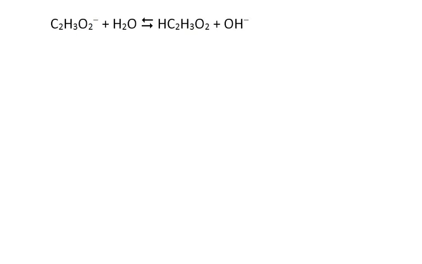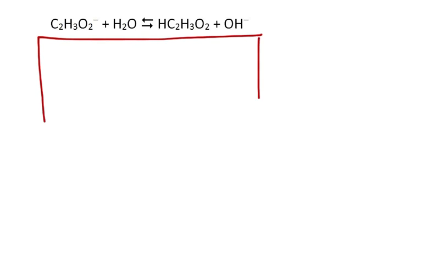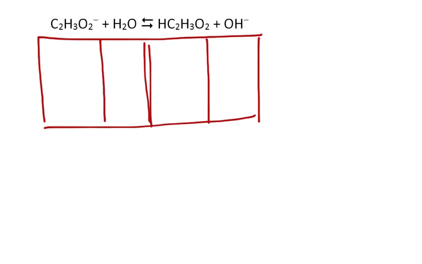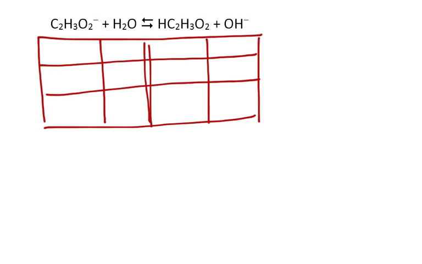Now, if we want to solve this problem, then we need to go back and we're going to make an ICE box. And remember, for our ICE box, we'll make a column for each chemical. The water is a liquid, so we really don't care about it, so we'll get that out of the way. This first row here are our initial concentrations.